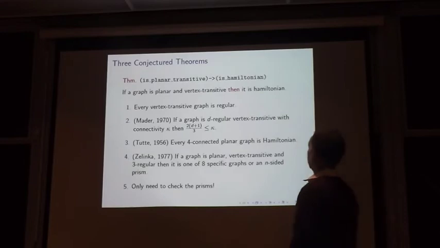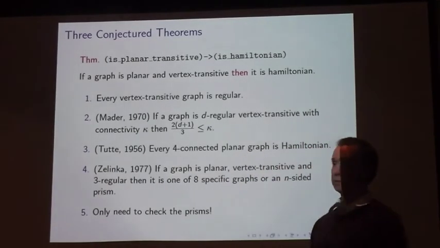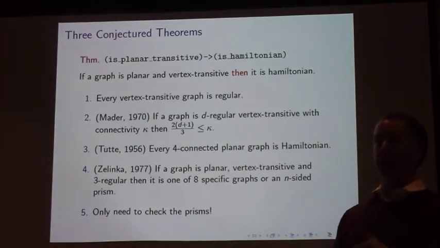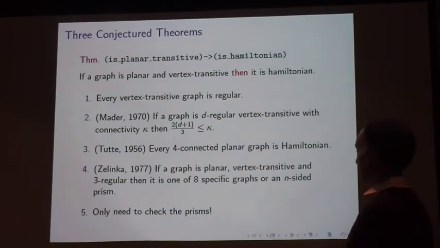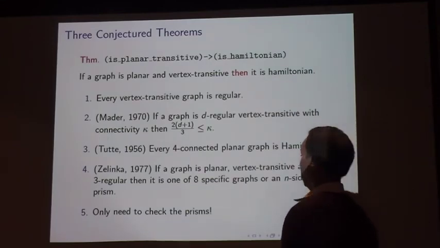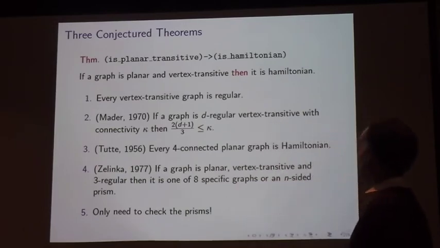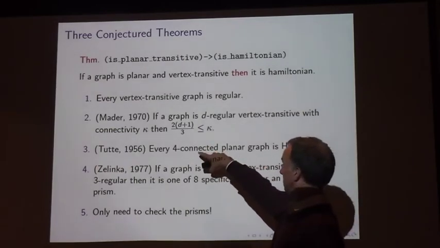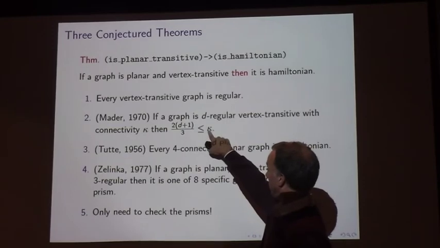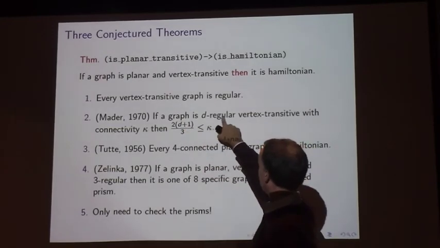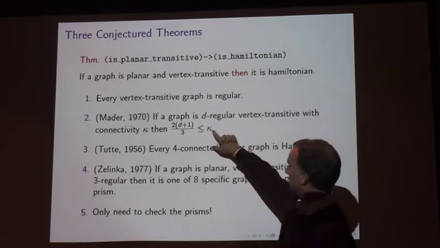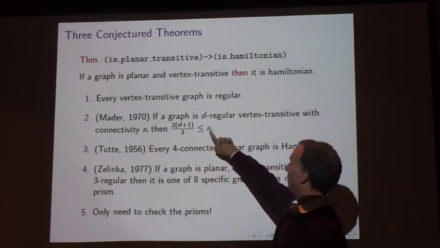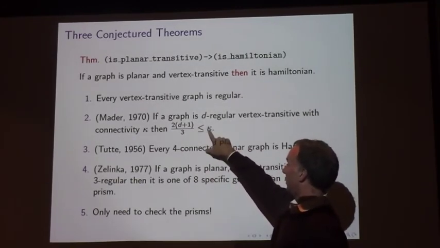Type showed that 4 connected graphs are Hamiltonian, so you only have to worry about 2 connected and 3 connected cases. 2 connected, but not 3 connected is easy. So Mader has this theorem relating the degree of a regular graph to connectivity. So we only have to worry about the connectivity 3 case.